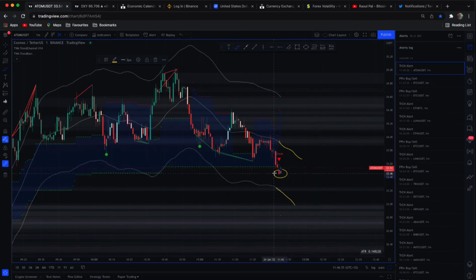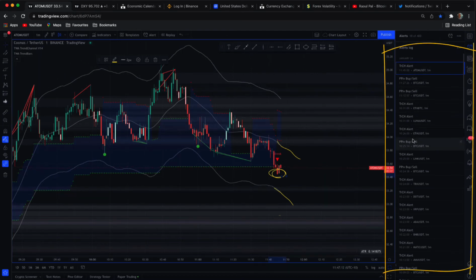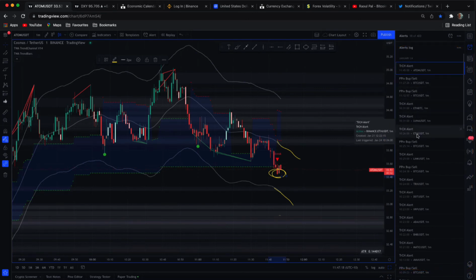Now we can see that the market's overextended here, and we have time. This is a 1 minute chart, but it's not rushed. We have time. So all I need to do is just click through these, and the beauty of this is when we click further down, these signals down here have had time for the market to give us the setup. Like this Bitcoin trade, for example.